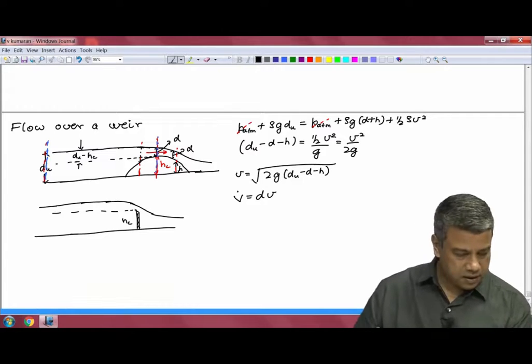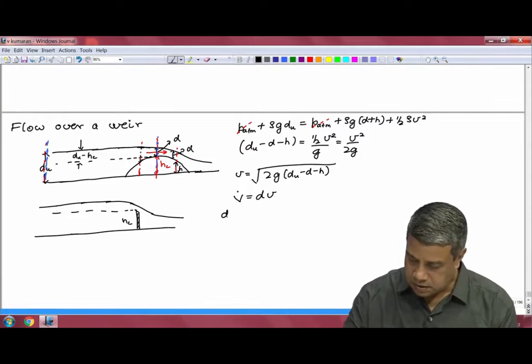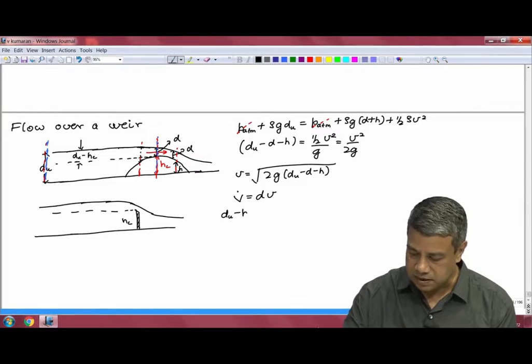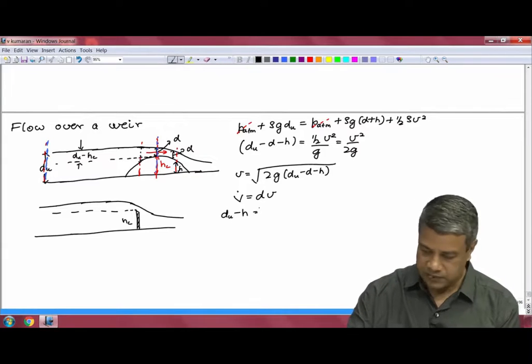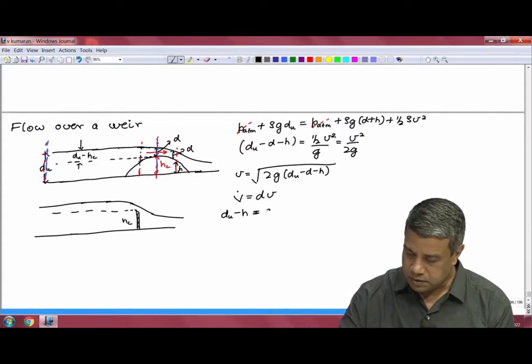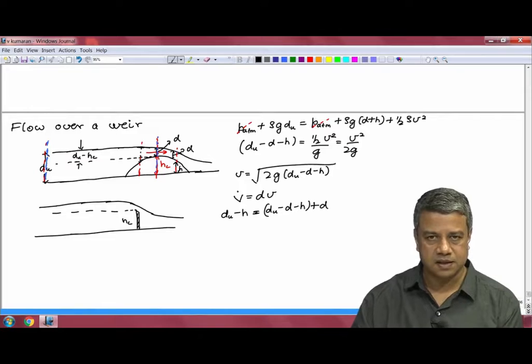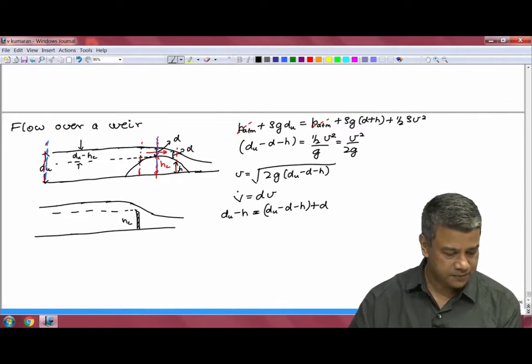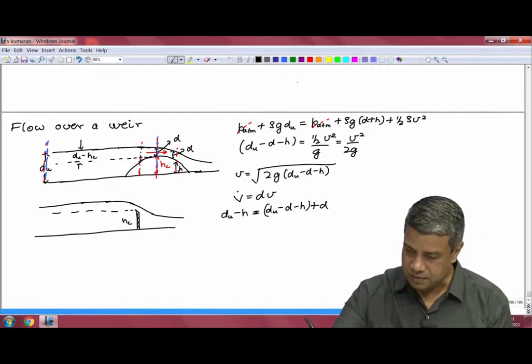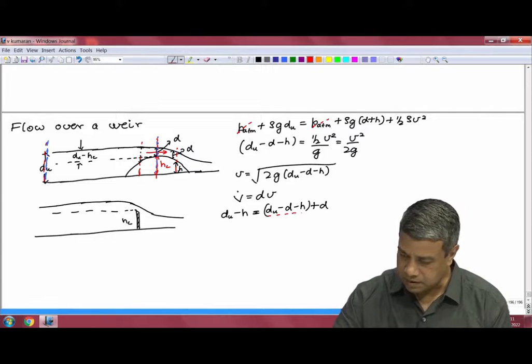So, I can write this upstream distance minus h is equal to du minus d minus h plus d. So, on the right side the d's just cancel out and you get the left side.